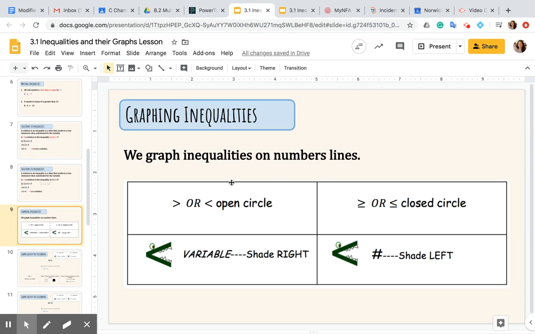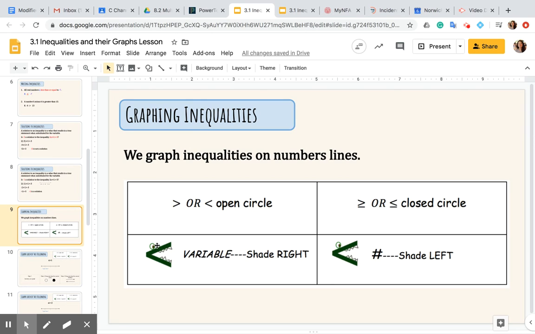And within an inequality, when you're graphing it, you're going to use a couple of different things. You're going to have to put a circle above the number that you're graphing. It's either going to be an open circle if the symbol within the inequality does not have a bar, or you're going to color that circle in if there is a bar. And then you're going to have to shade your number line in a specific direction.